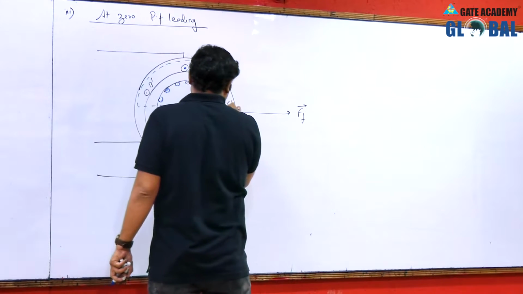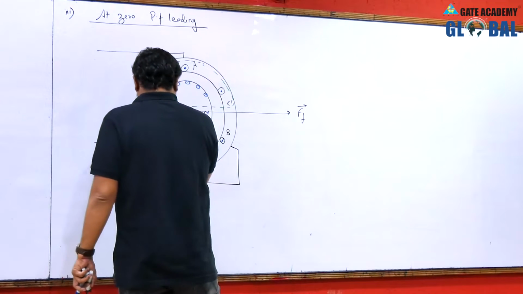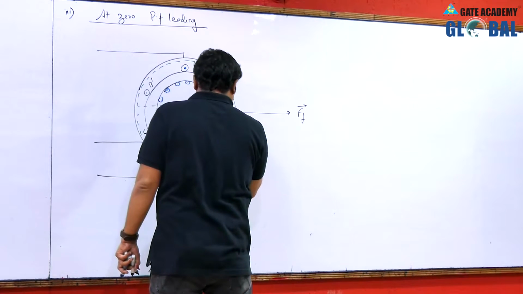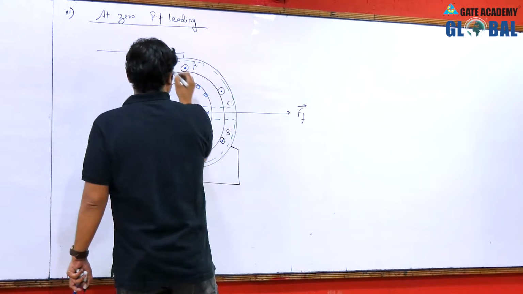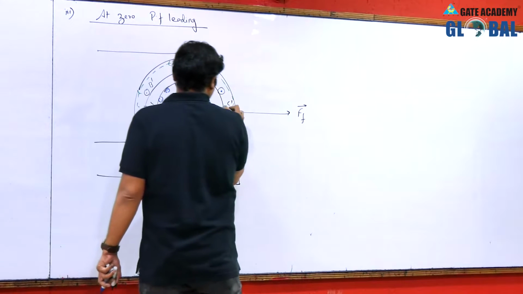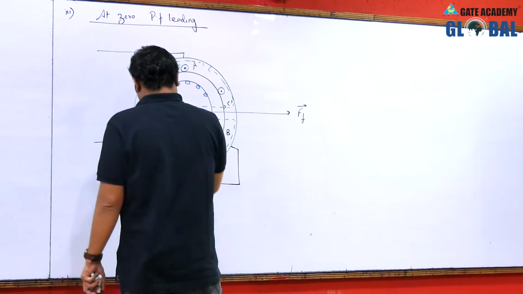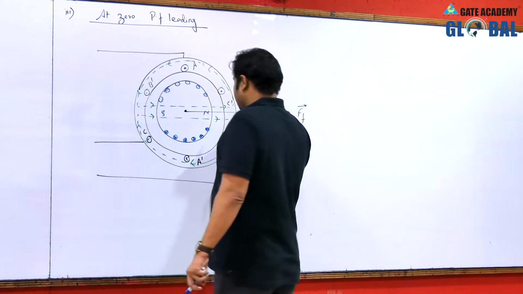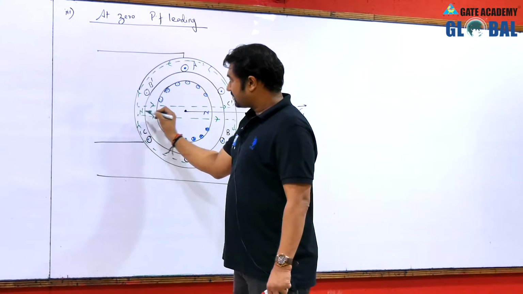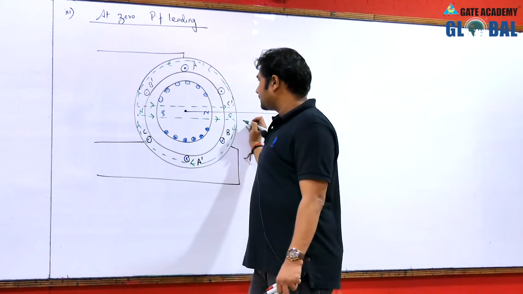The armature field created by the current flowing in the armature is in this fashion by the right hand curl rule, and this suggests that this is the stator north and this is the stator south.